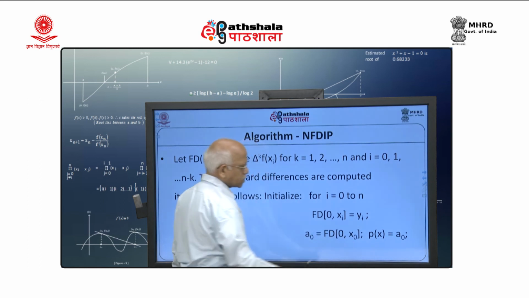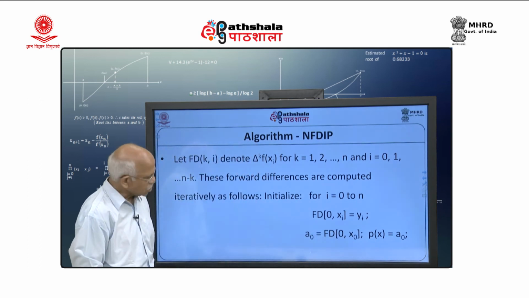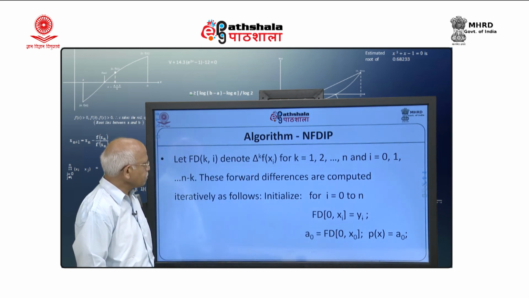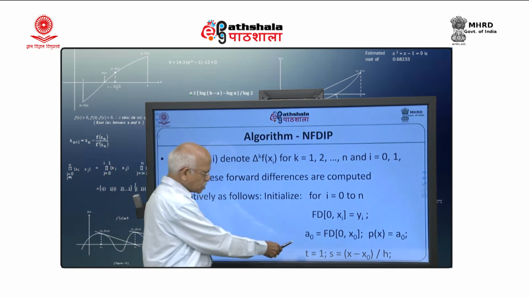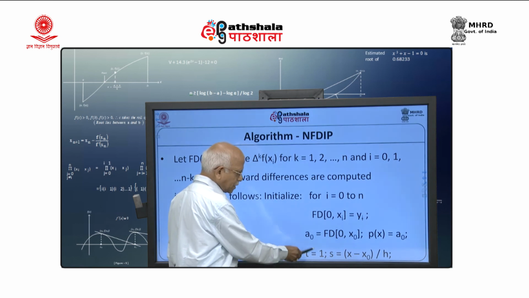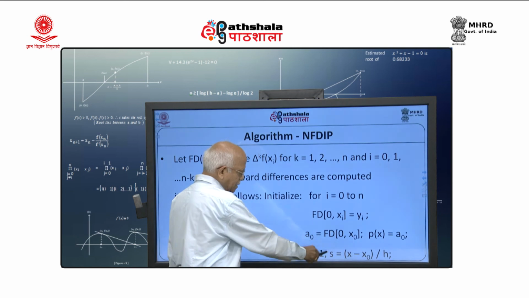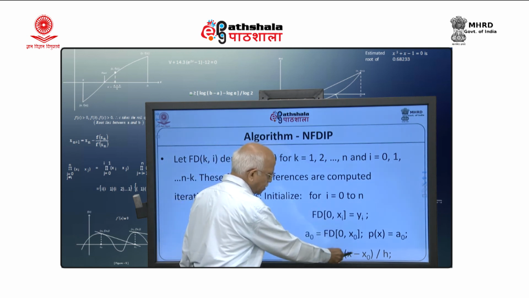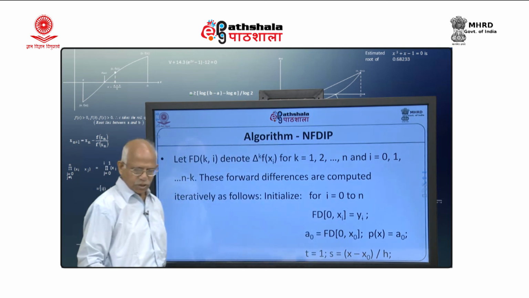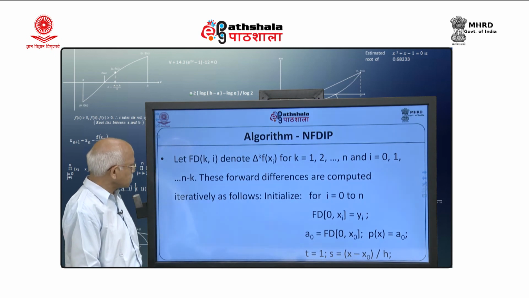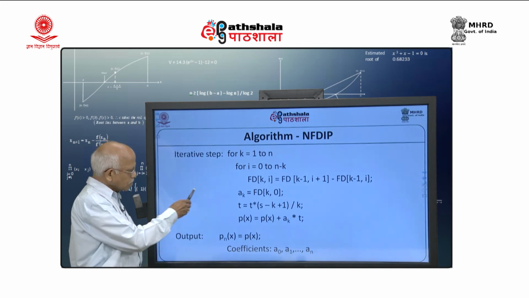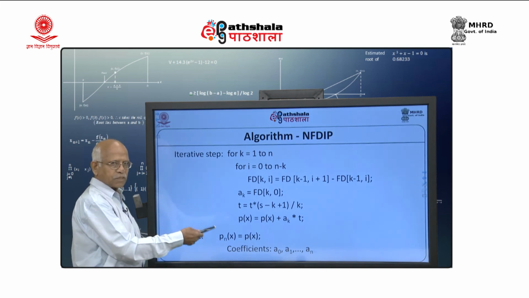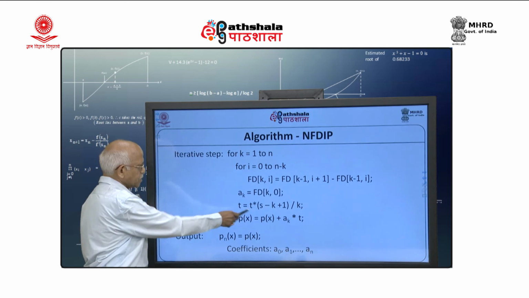That is how I get p(x) equal to a_0 as the initial value of p(x), and then we go on adding the new terms subsequently. The term t is also computed iteratively, and it is initialized to 1, and s, as we have already said, will be (x minus x_0) by h. So, all this initialization is done in this step, and then the iterative step will go on adding term by term into the p(x) value, and finally we will get the p(x) value.